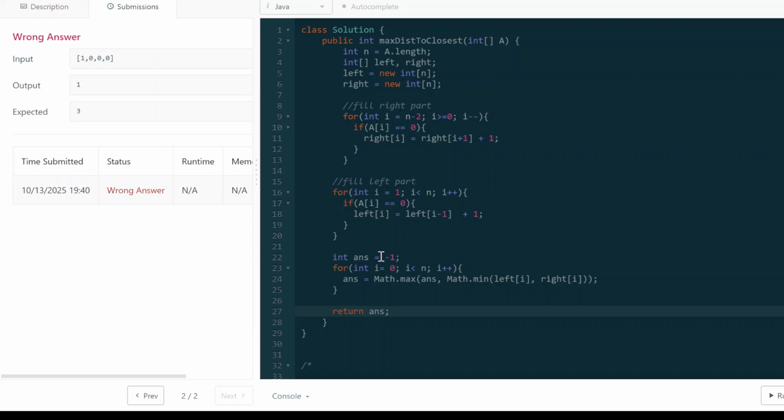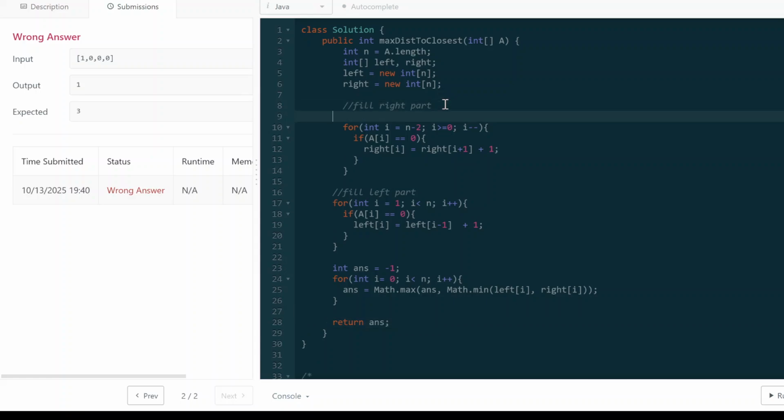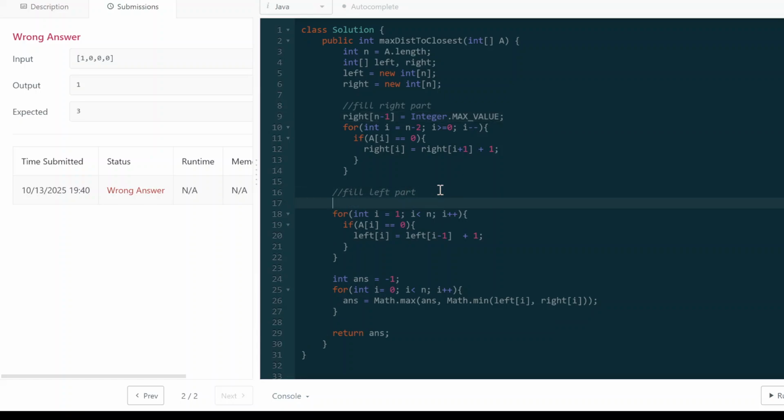So what should be the idea? The idea is, here we are initializing. So we have to say something like right of n minus 1 equals Integer.MAX_VALUE, and here also left of 0 equals Integer.MAX_VALUE.